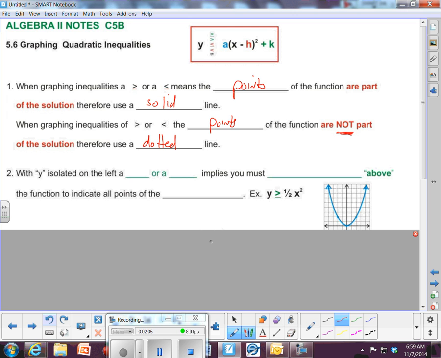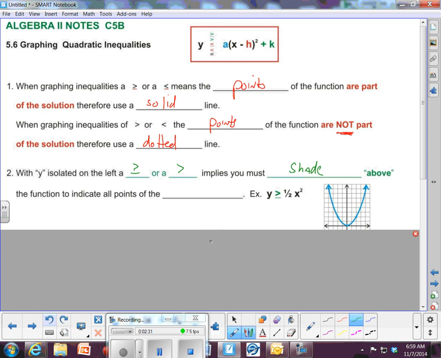Let's take a look at number 2. What's the other aspect that we have to remember about graphing? When y is isolated on the left, a greater than or equal to, or just a greater than, implies that you must do what above the function? Hopefully you remember, we have to shade.